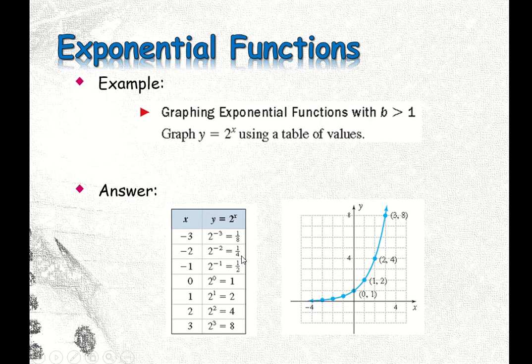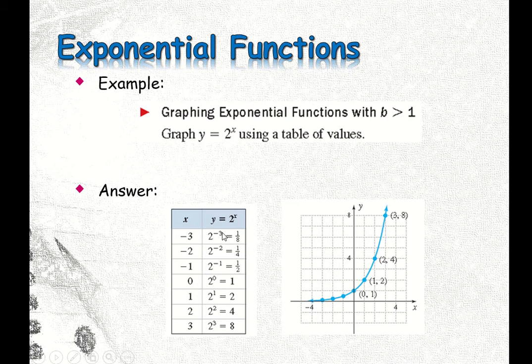If we plot these points from the function y equal to 2 to the x, when x is equal to minus 3, substituting x equal to minus 3, we have 2 to the minus 3.